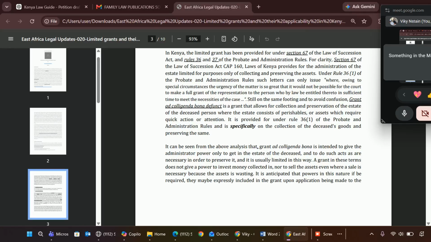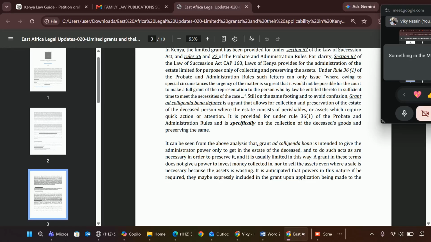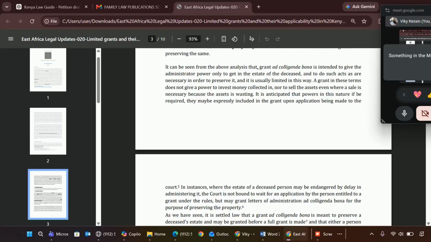So it does not give a power to invest money collected, nor to sell the assets even where a sale is necessary because the asset is wasting. Because it is anticipated that powers of this nature, if required, may be expressly included in the grant upon application being made to the court.